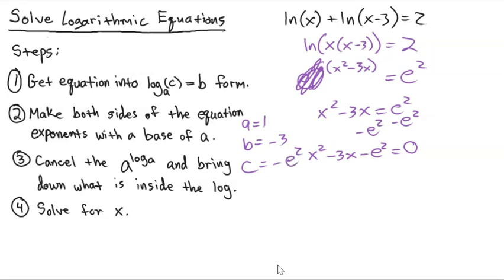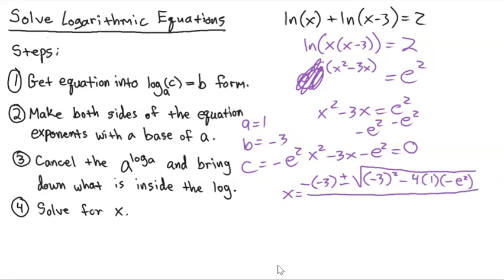So now our quadratic formula is going to go like this. x is equal to negative b, negative 3, plus or minus the square root of b squared, that's negative 3 squared, minus 4 times a, which is 1, times c, which is negative e squared, all over 2a. That's 2 times 1.